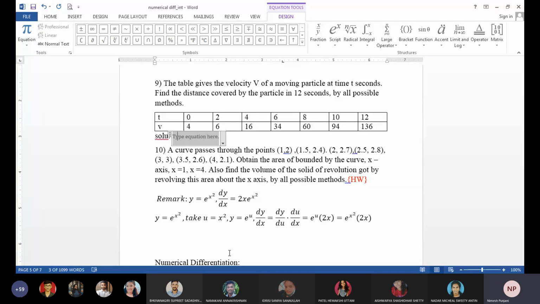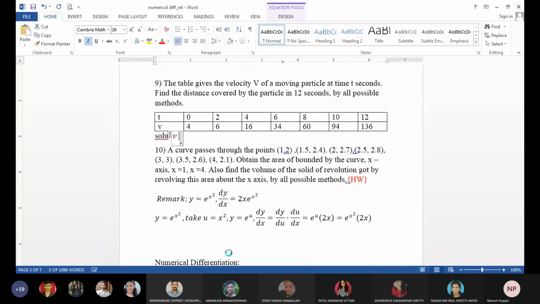What is the formula for velocity? Displacement into time. Can you repeat? Velocity equal to displacement upon time. Distance upon time. That is what you said. Displacement by time.